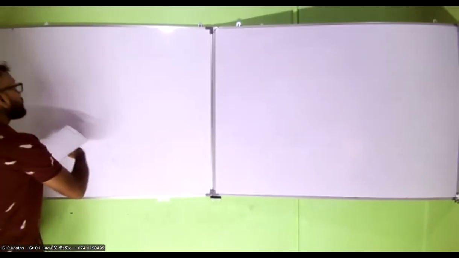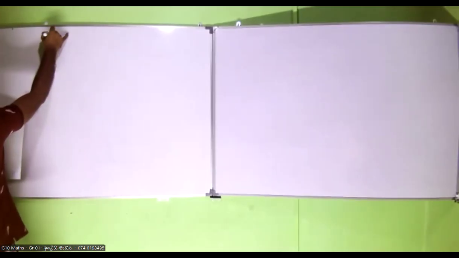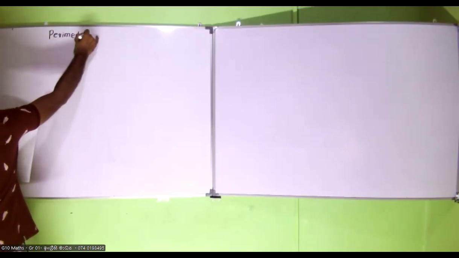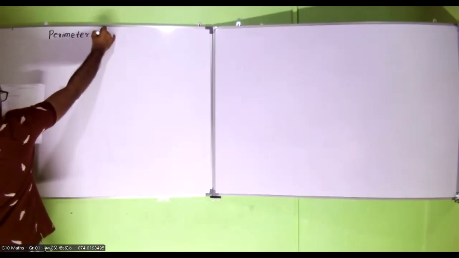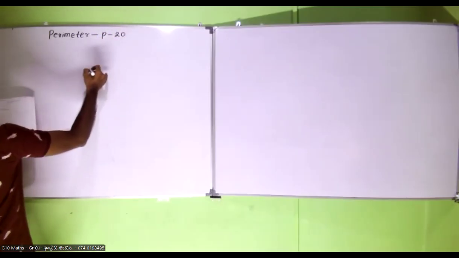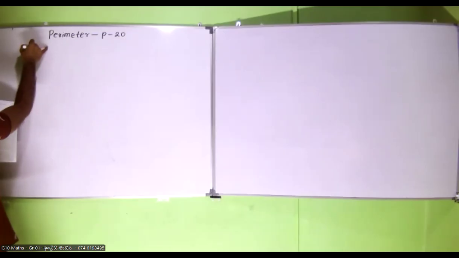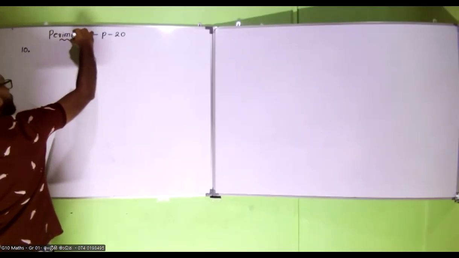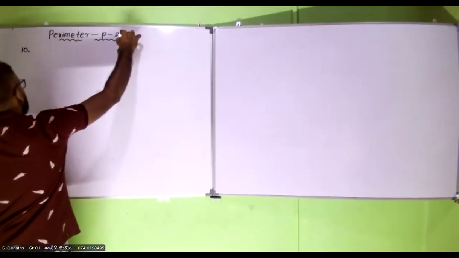Square root cube, sorry, perimeter cube. Page number 20, 10th question.